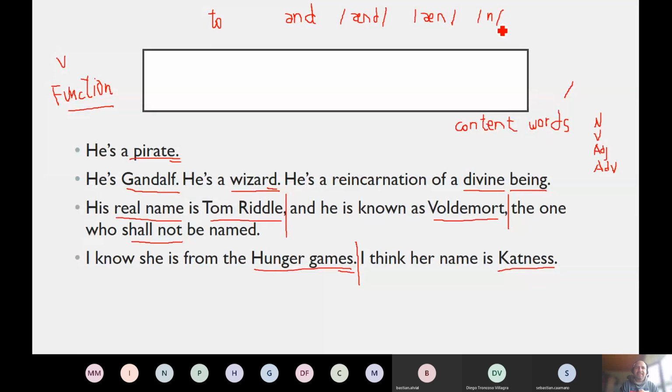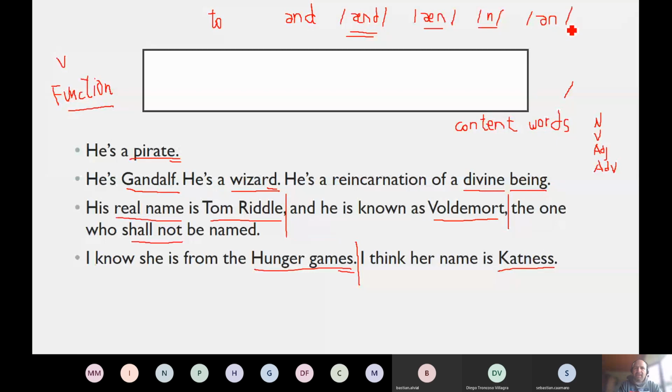Guns N' Roses. So this is the strong form, the full form, and these are two reduced forms or weak forms. And there's even another one, which is "n".